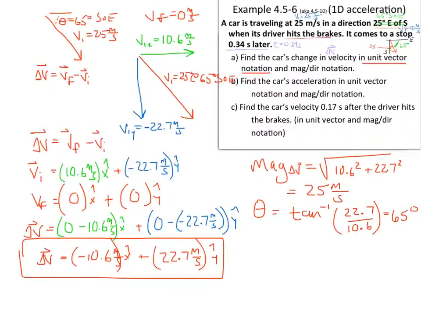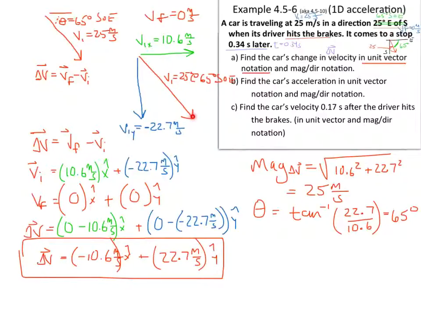65 degrees. Now the last question we need to answer here, and this is what's going to be different. So our original velocity was 25 meters per second at 65 degrees south of east. But our change in velocity is going to be in the opposite direction, because if you have this initial velocity coming to rest, then some change in velocity is going to have to act against it to bring it to zero.